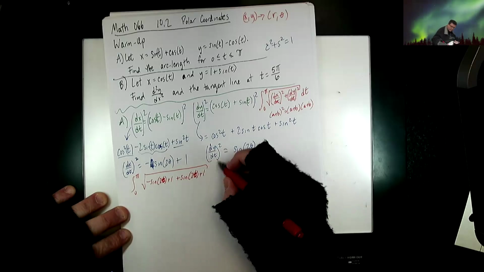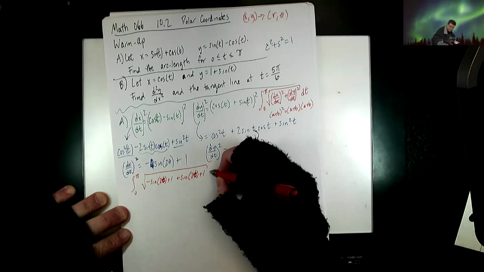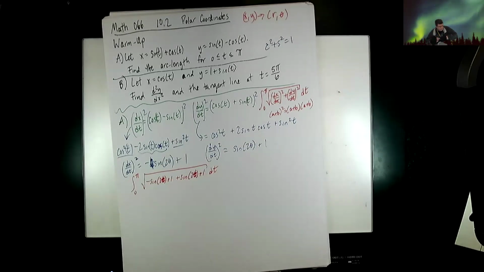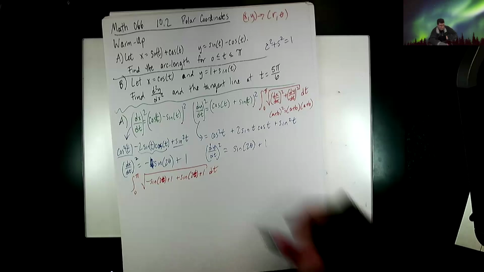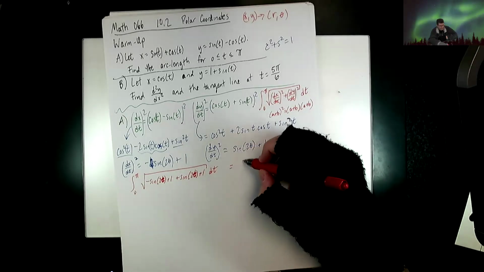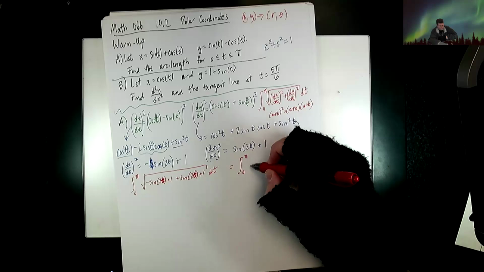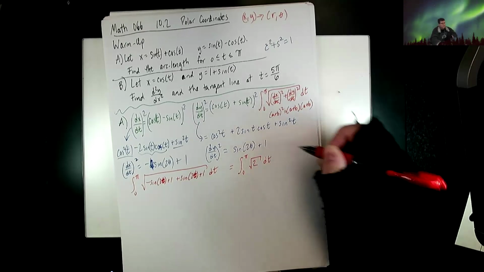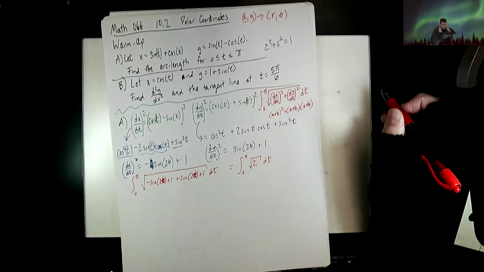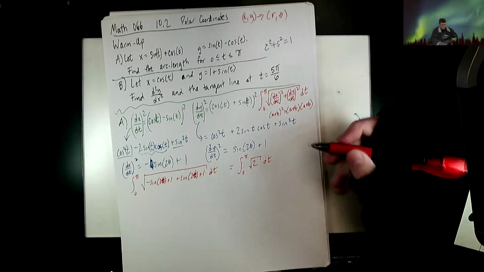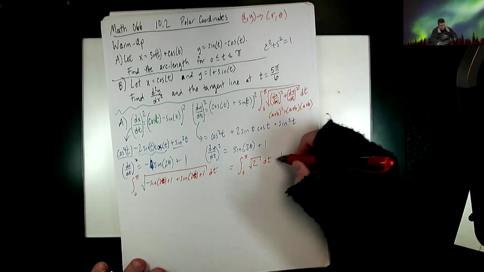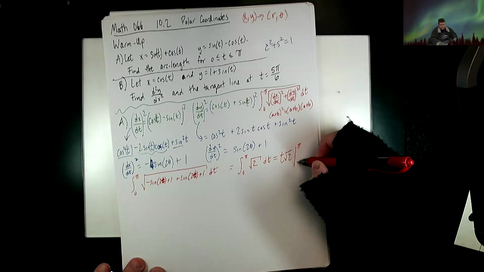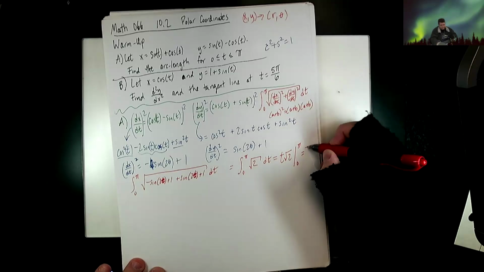I said theta. Those just cancel out, don't they? And I get the integral from 0 to pi of the square root of 2 dt. If I integrate this, I get t root 2 from 0 to pi, and we get pi root 2 as our answer.